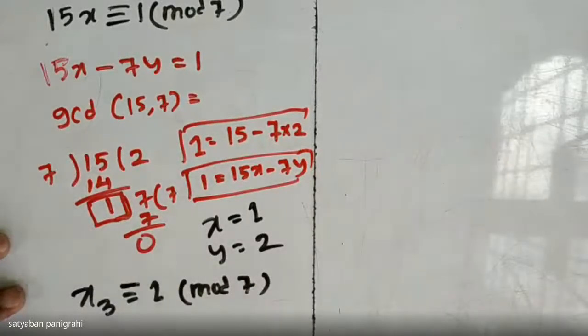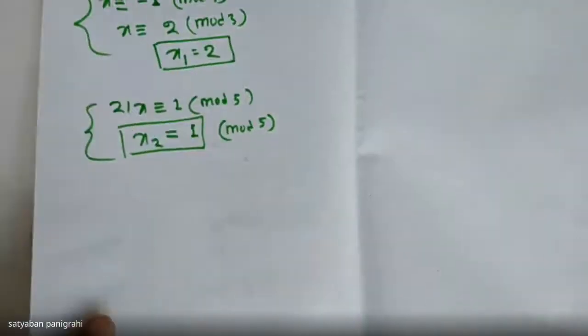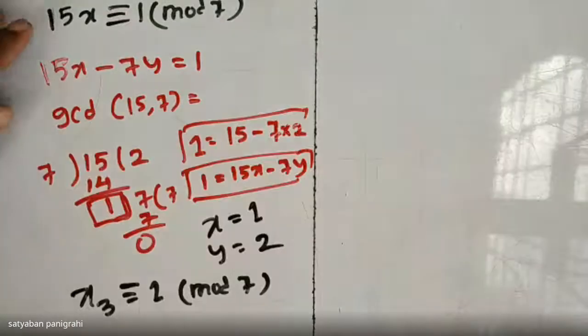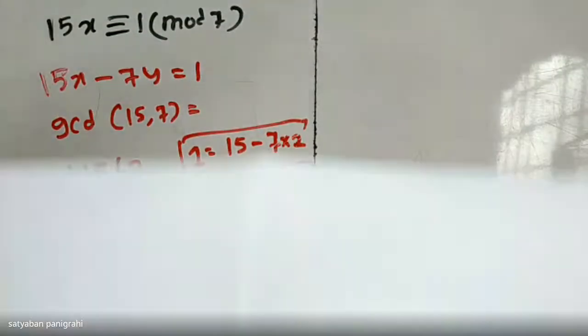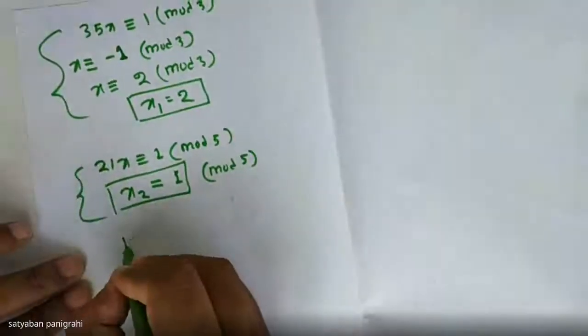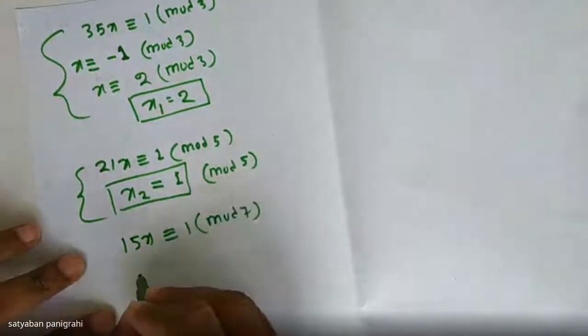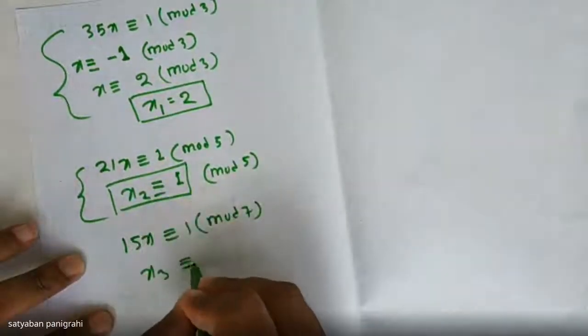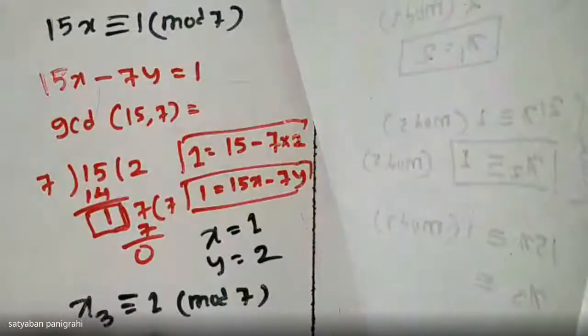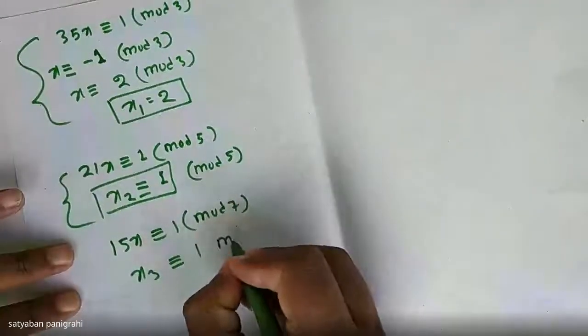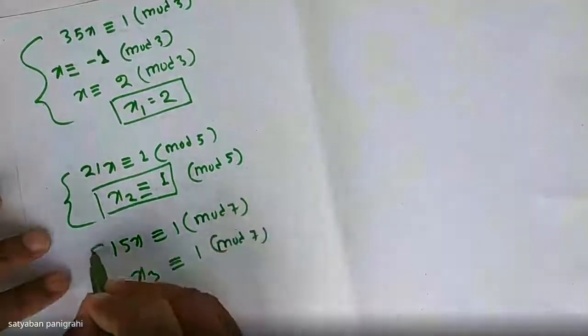Now update it. For the third one, 15x congruent to 1 mod 7, the solution is x3 congruent to 1 mod 7. This is the third.